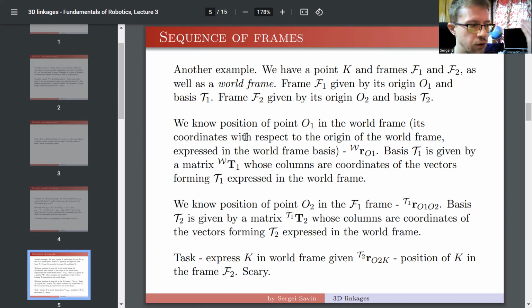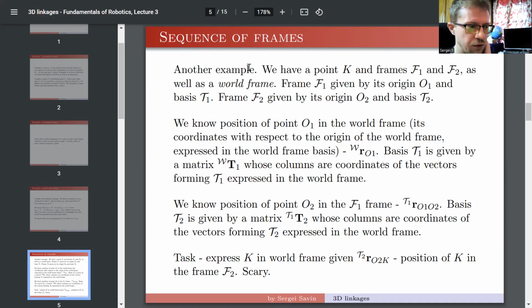We know the directed distance from the origin of the frame to the point, and this directed distance is expressed in terms of coordinates in the basis of the frame. I understand that this sounds complicated and technical, but this is what you would expect, right?